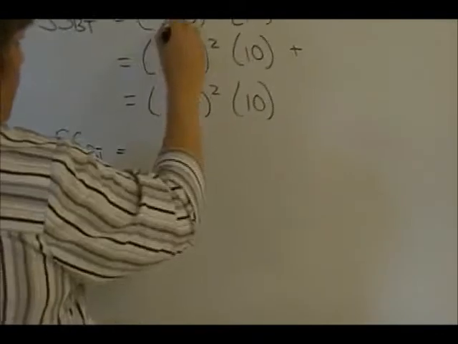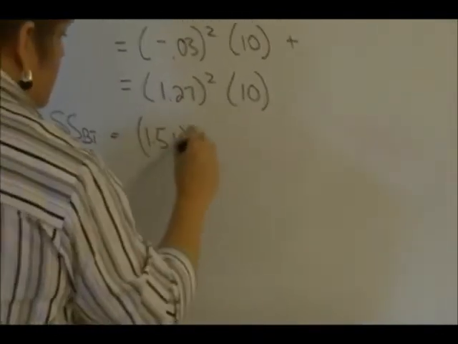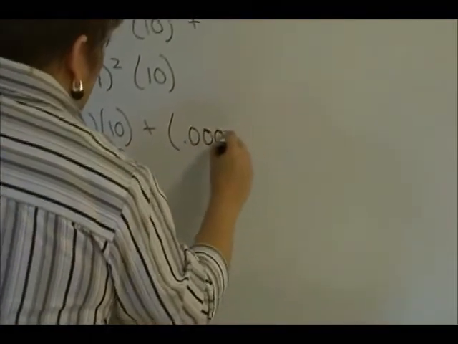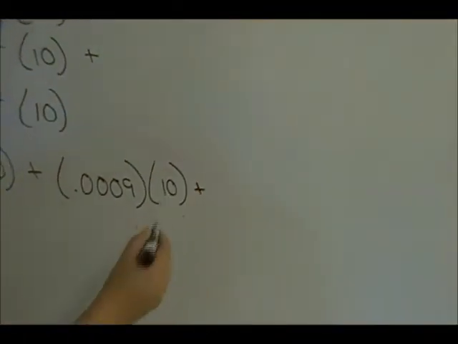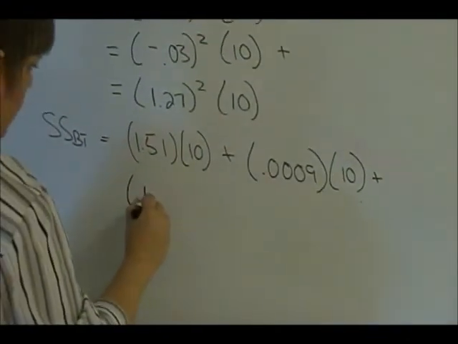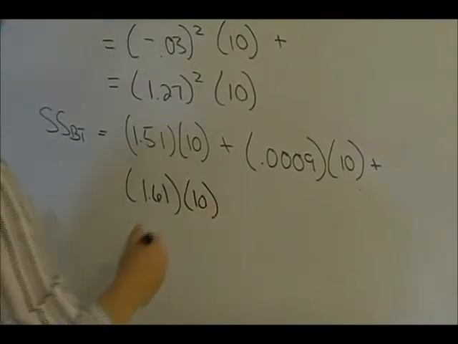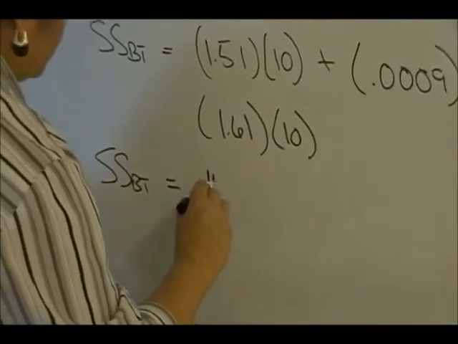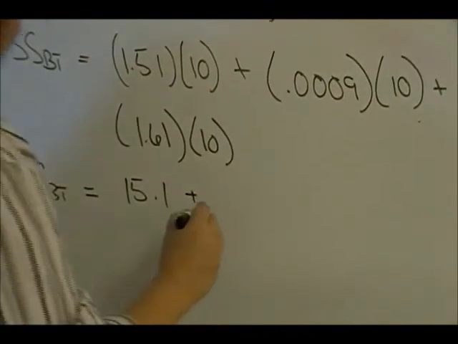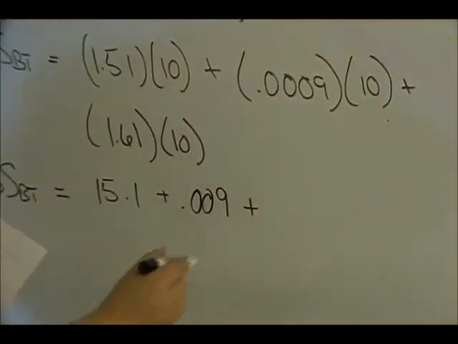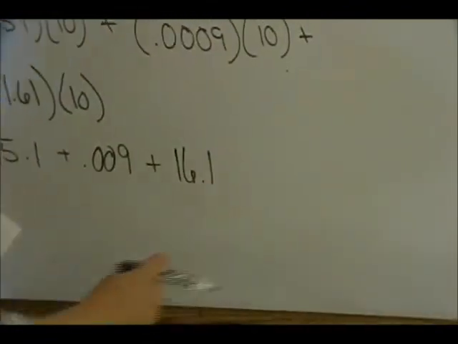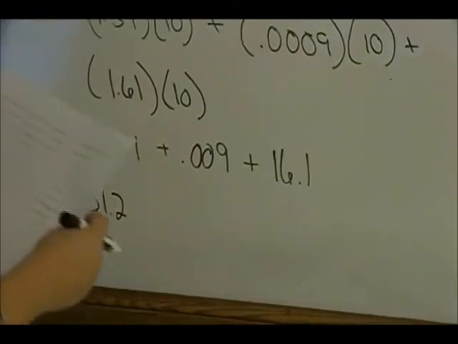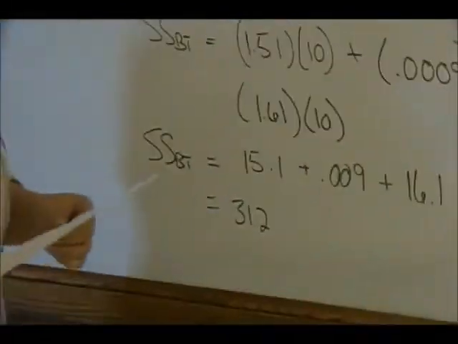So I'm going to end up with, for the first group, 1.51 times 10 plus 0.0009 times 10 plus 1.61 times 10, and that's that. And then I'm going to have 15.1 plus 0.009 plus 16.1, and all of that together is going to equal 31.2. Okay, so that is the sum of squares between, all right?